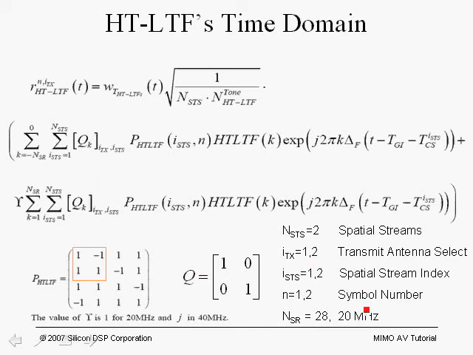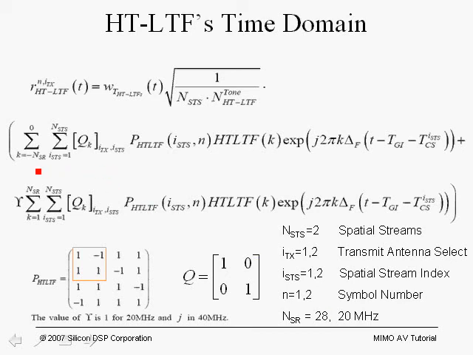NSR in our case is equal to 28, which is equal to half the number of carriers in the bandwidth. So for 20 megahertz, that's equal to 28 since we have 56 carriers. This includes data plus pilots. And of course we have a null at DC.